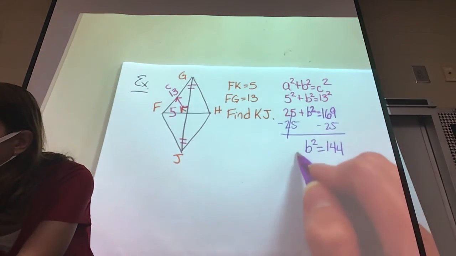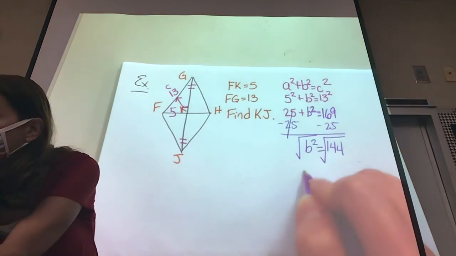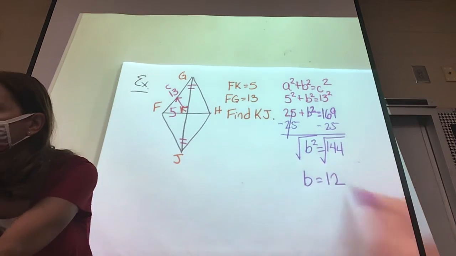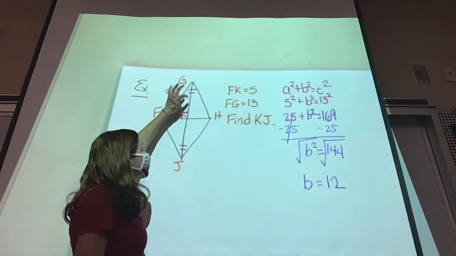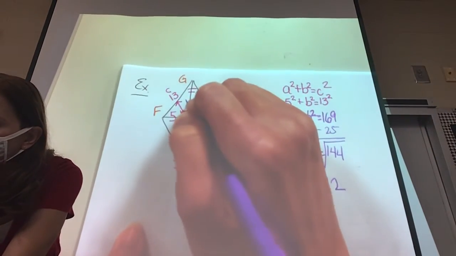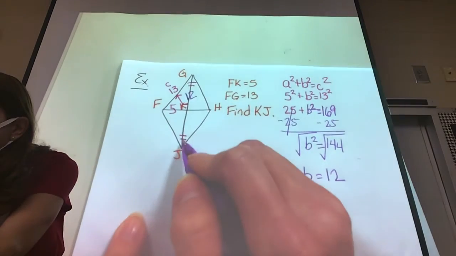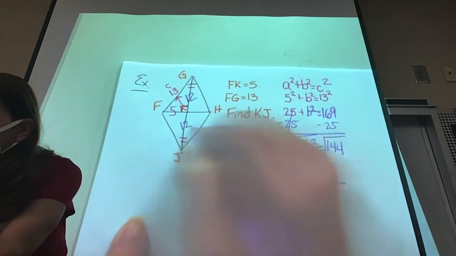It's 12. So if you take the square root of both sides, you should end up with B equals 12. So they're telling me that this piece is 12. So if this is 12, what do I know about KJ? It equals 12. It is also 12.